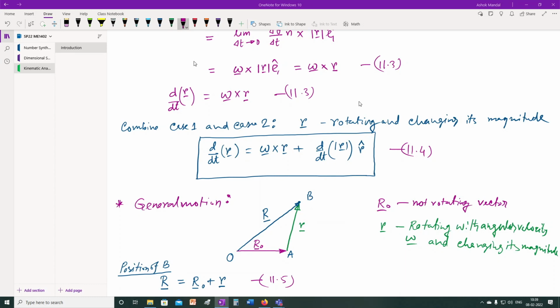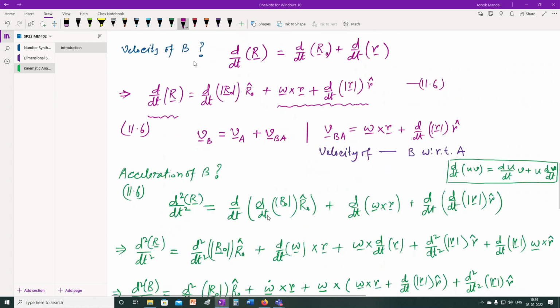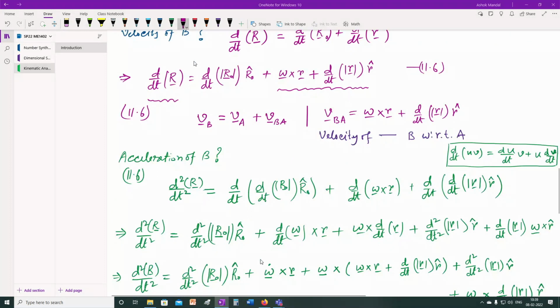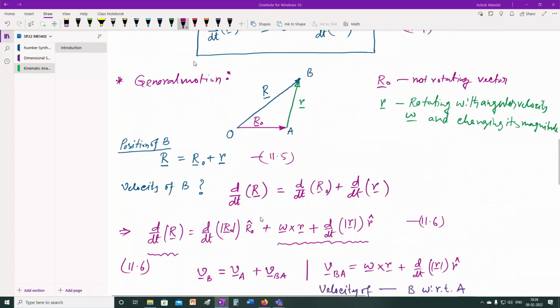So this small r represents that, but that link is attached to something. That means to find out velocity and acceleration of the end point, you need to know the velocity and acceleration of the tail position of this vector. Throughout this derivative, when we find the velocity, this represents the velocity of point A, the tail position.